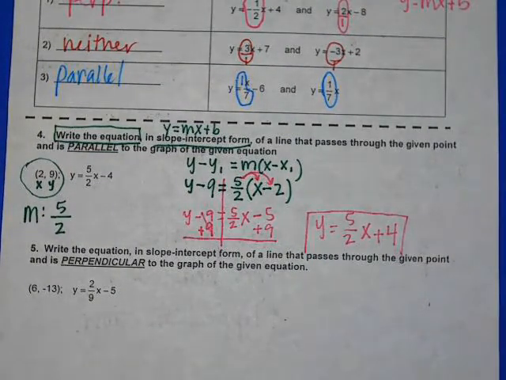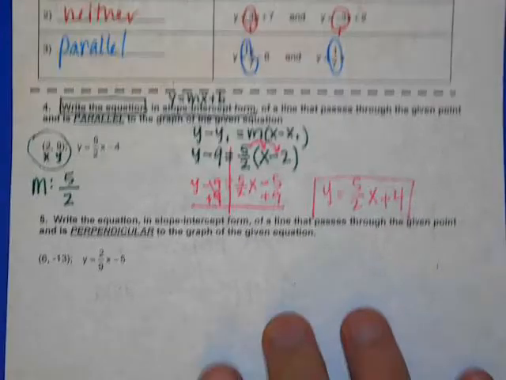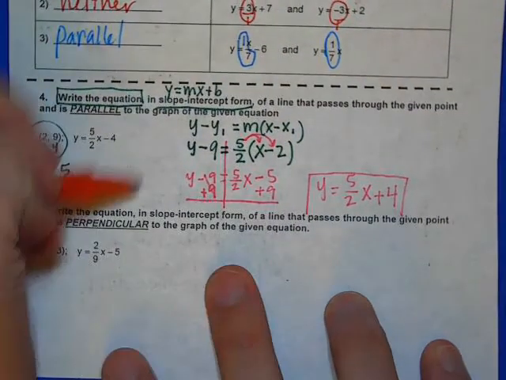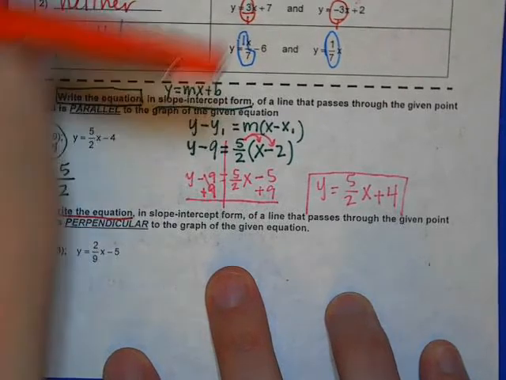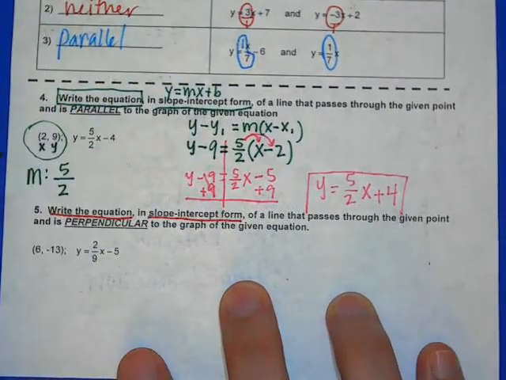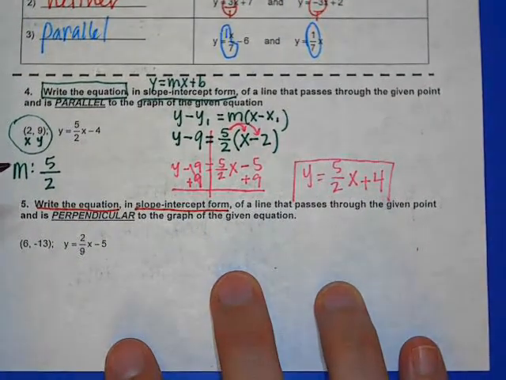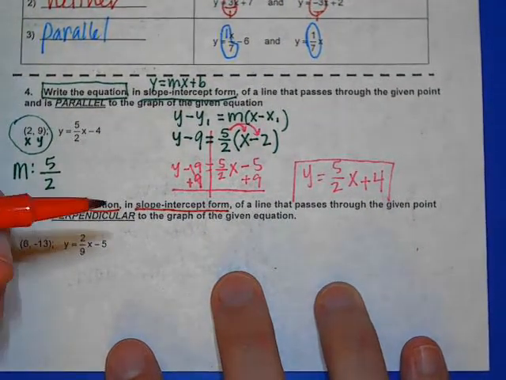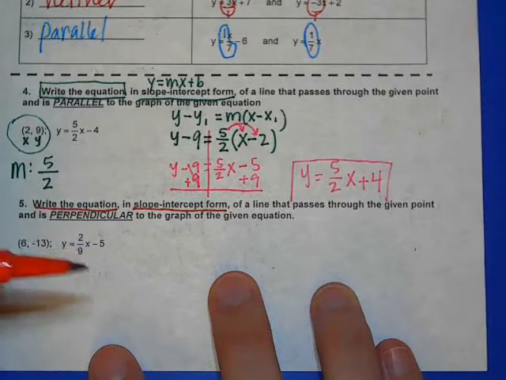Okay, so we're kind of mixing 2 different days of notes here. Okay, number 5. Write the equation. So my answer is going to be an equation in slope-intercept form, y equals mx plus b, of a line that passes through the given point and is perpendicular to the graph of the given equation.